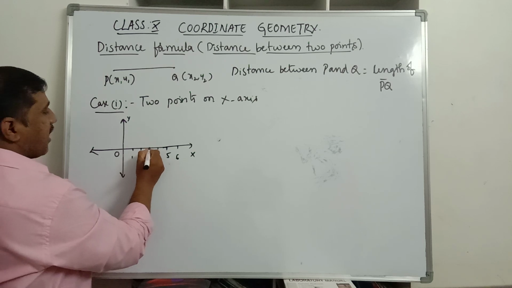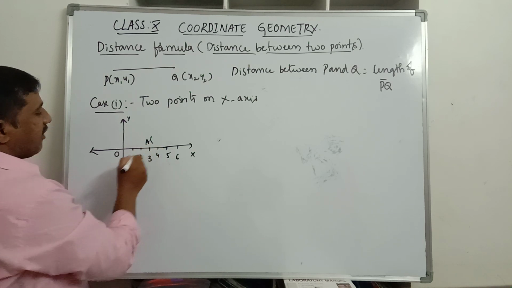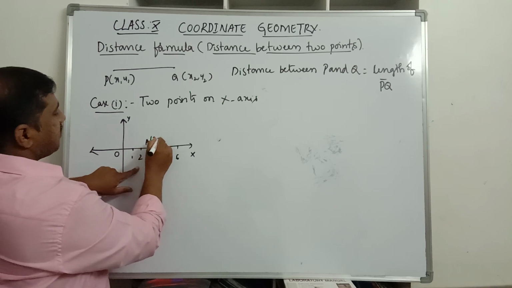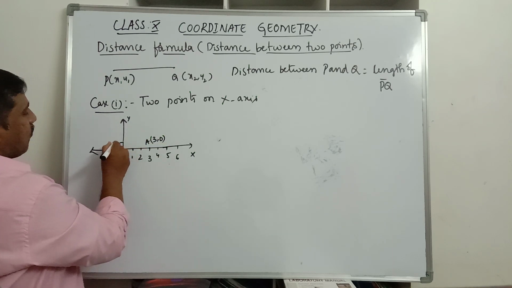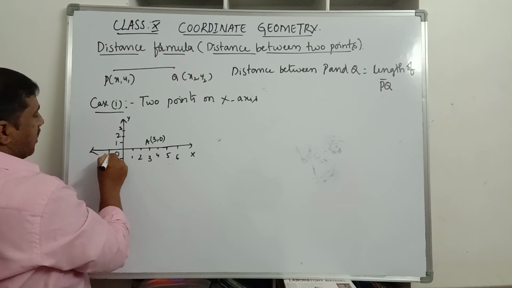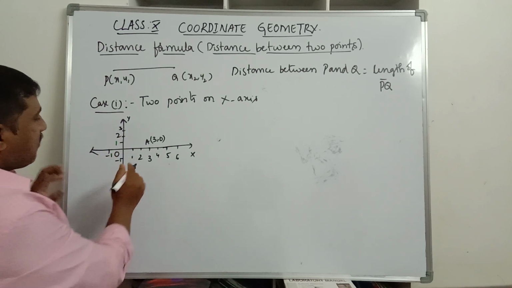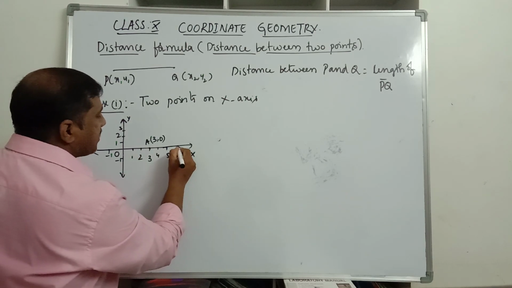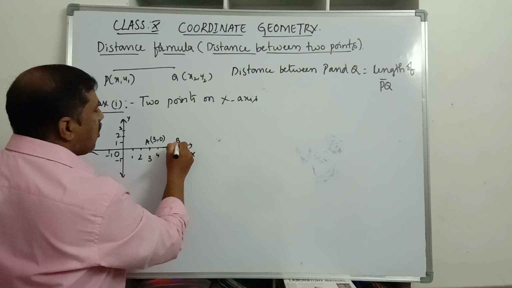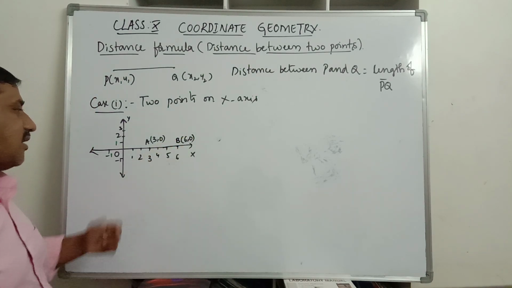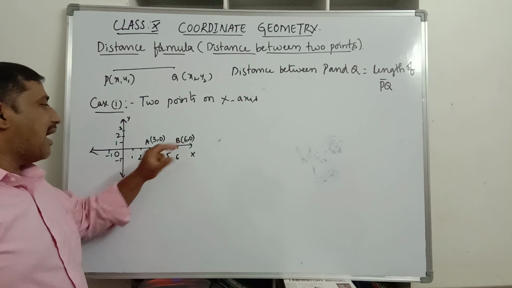Let this be point A. Its coordinates are (3, 0). And let this point be B, and its coordinates are (6, 0). How do we find the length, the distance between points A and B?